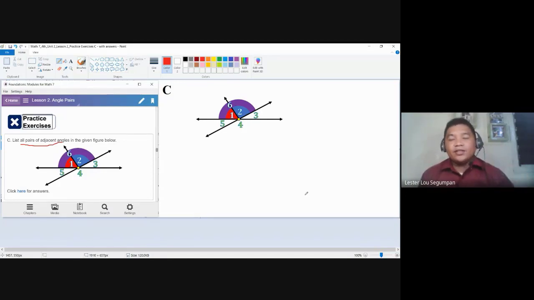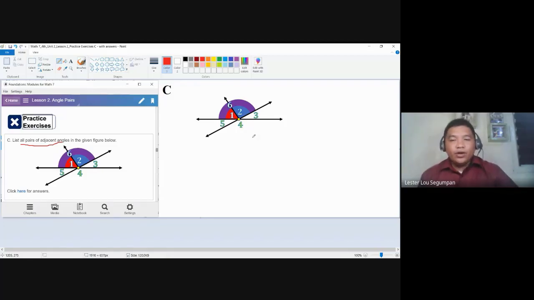The first consideration is that these angles must share the same or common vertex. Number two, these angles must share a same side or common side. And number three, these angles should not overlap one another, or in other terms, one angle should not contain the other angle, or vice versa.